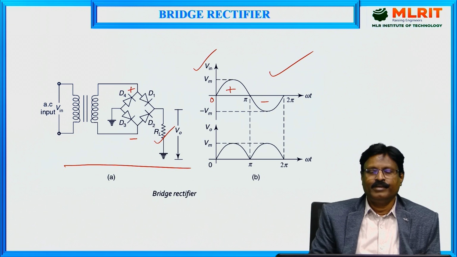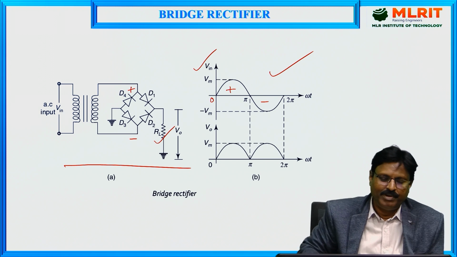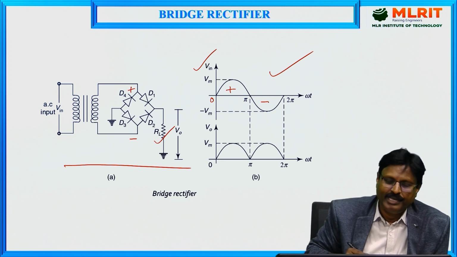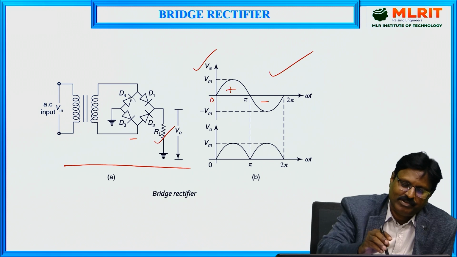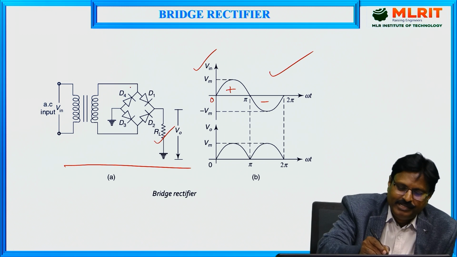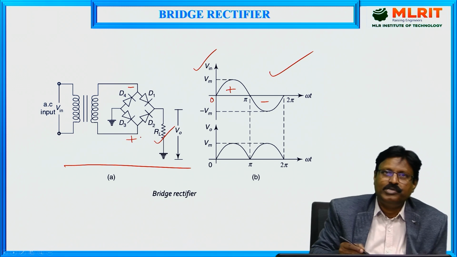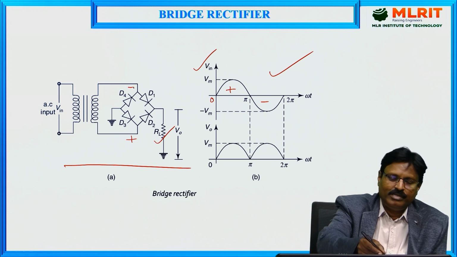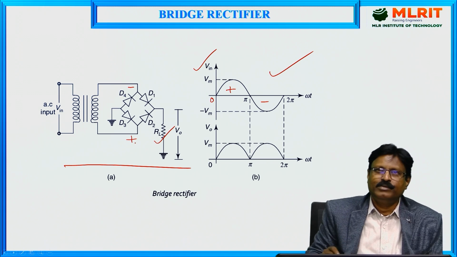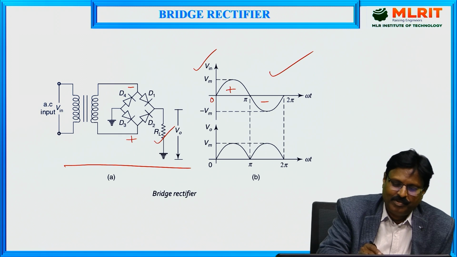And during the negative half cycle, it is just the inverse of the operation which happens when omega t is between 0 to pi: this terminal becomes negative and this becomes positive. Positive in the sense more positive, and minus sign means less positive. So this is about the circuit arrangement.